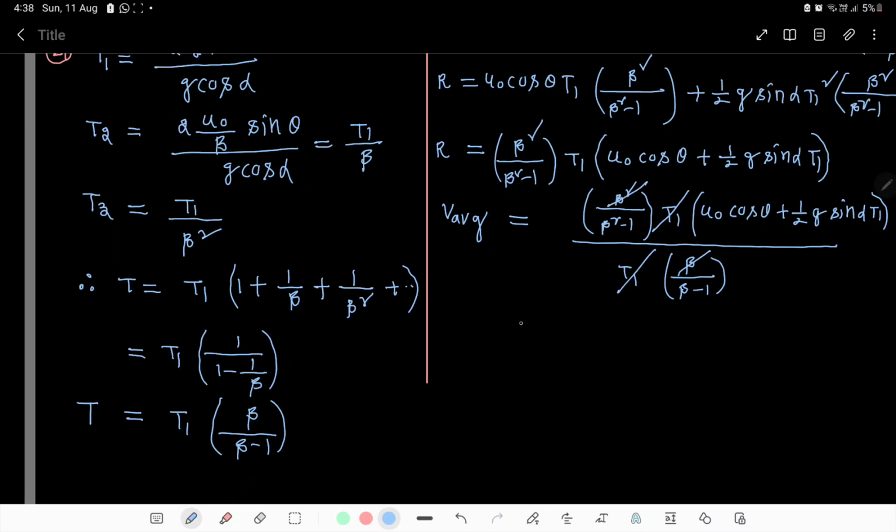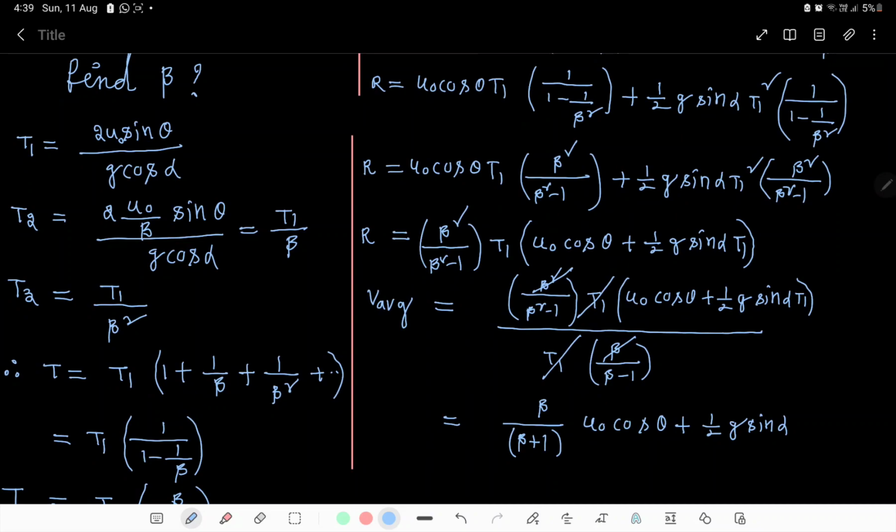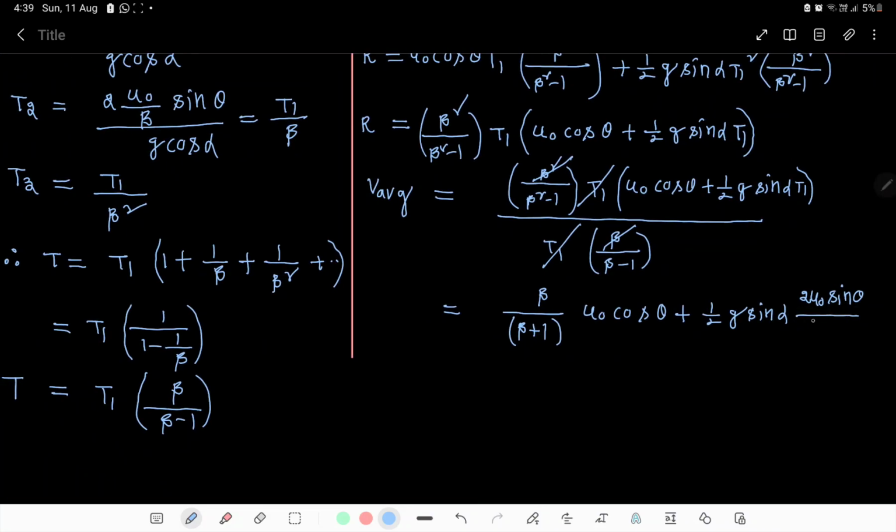If you write this beta square minus 1 as beta plus 1 into beta minus 1, the beta minus 1 cancels, leaving beta by beta plus 1, into u0 cos theta plus half g sin alpha t1, which can be written as 2u0 sin theta by g cos alpha.